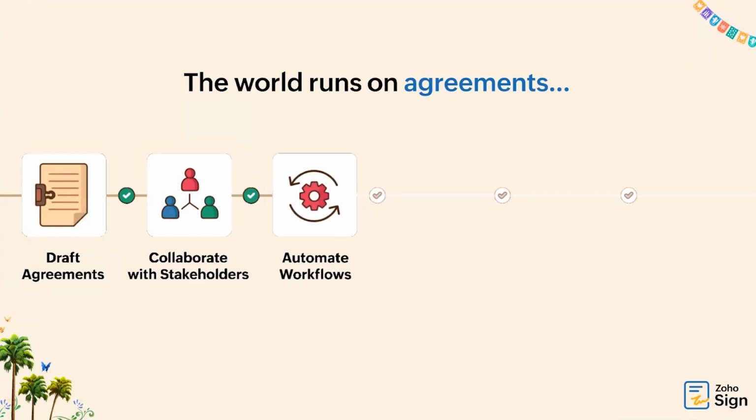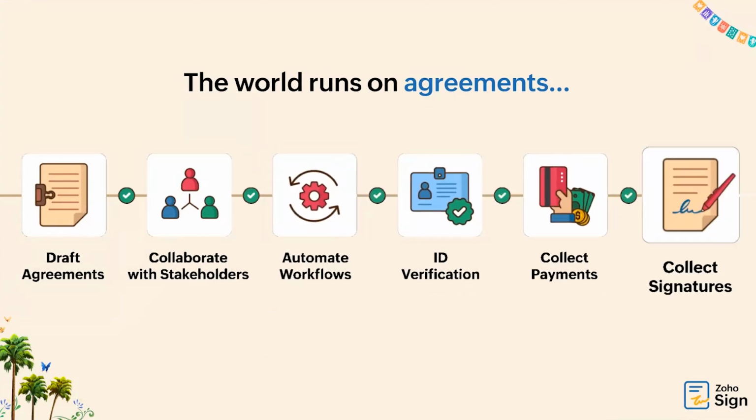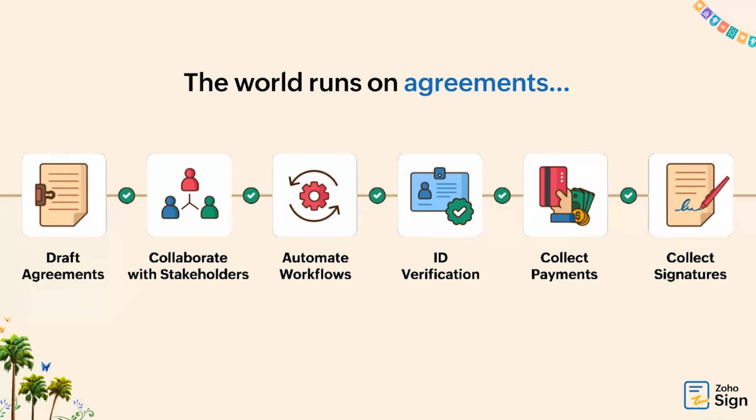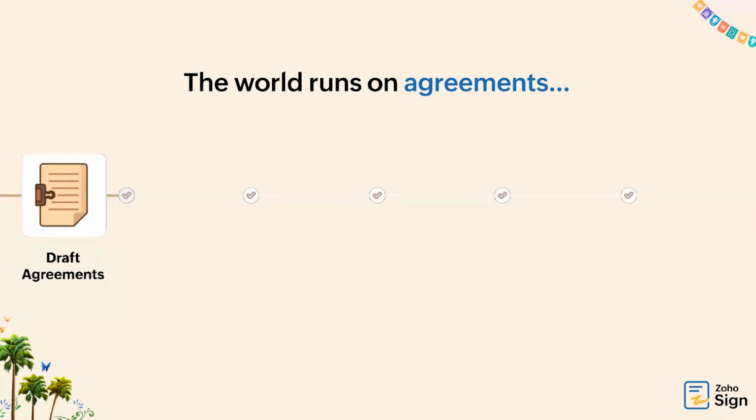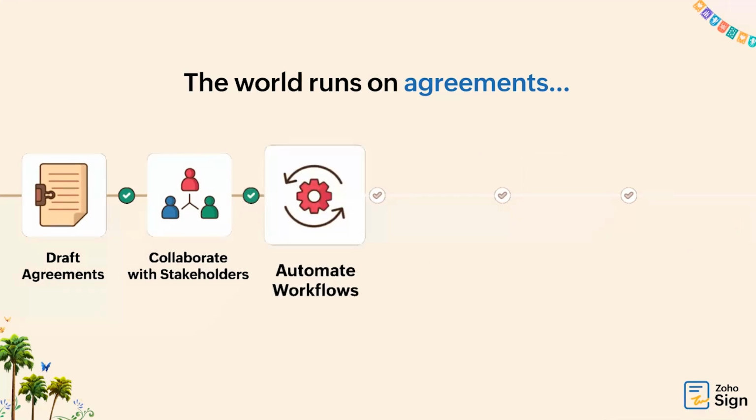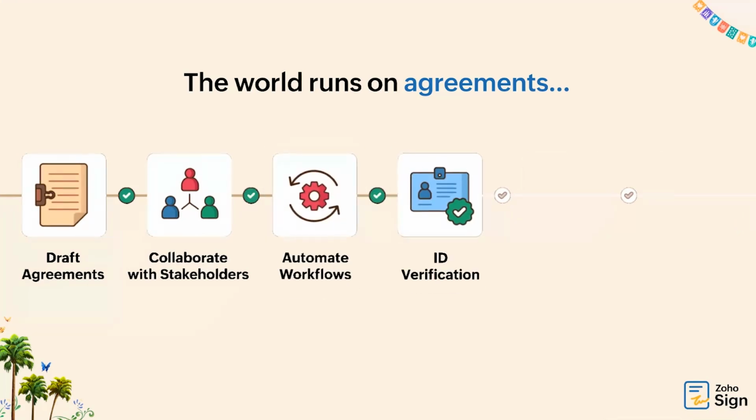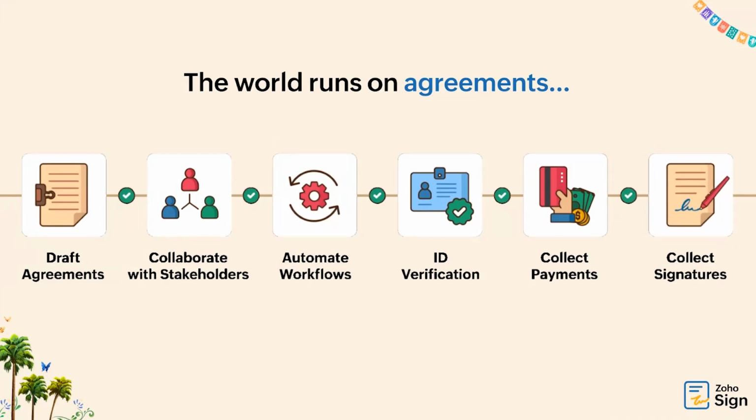In today's business scenario, including the bustling world of e-commerce, everything seems to revolve around agreements, right? And where there are agreements, there's inevitably a mountain of paperwork to tackle. We are talking about drafting contracts, getting those all important signatures, and making sure transactions go off without a hitch.